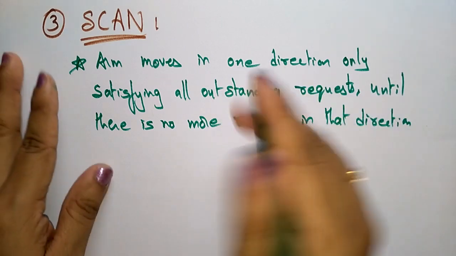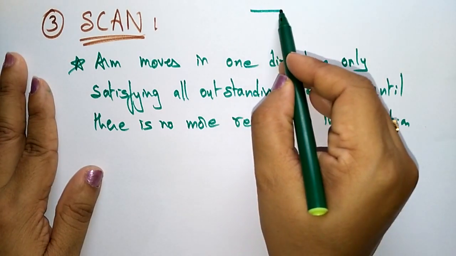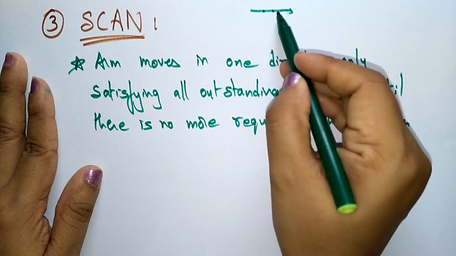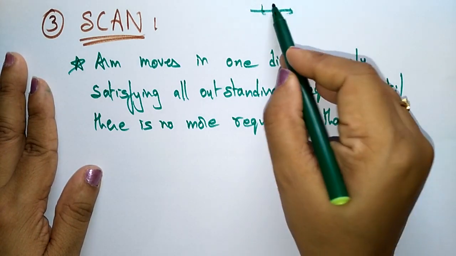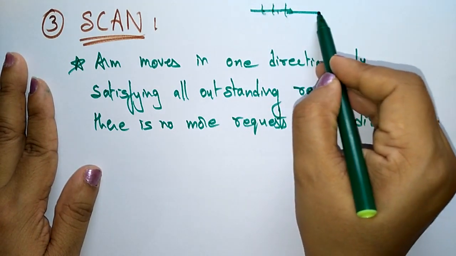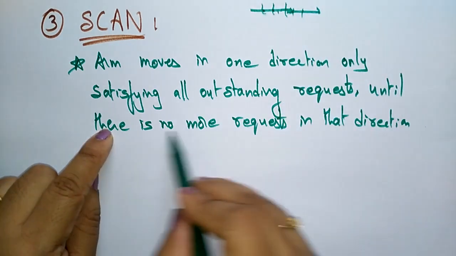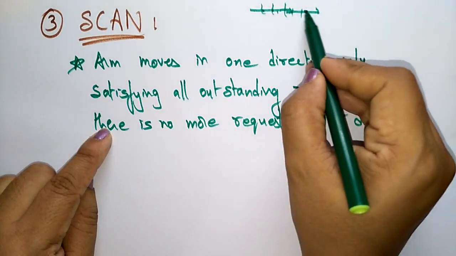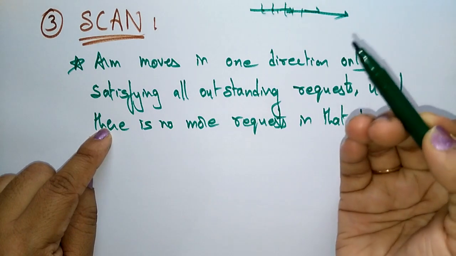Suppose the arm is moving in this direction, it has to serve all the outstanding requests, whatever request it wants to serve. Until there is no more request in that direction means until the end also it has to be reached.